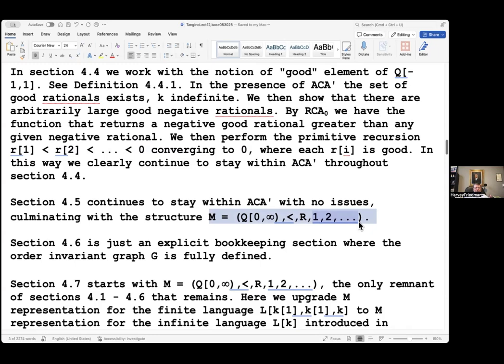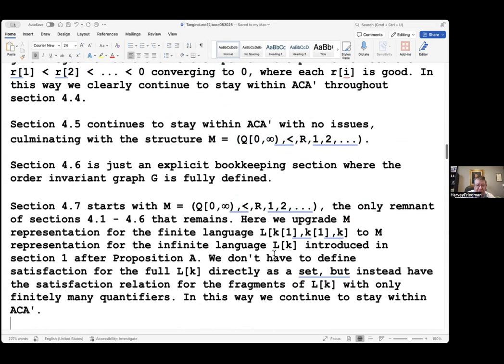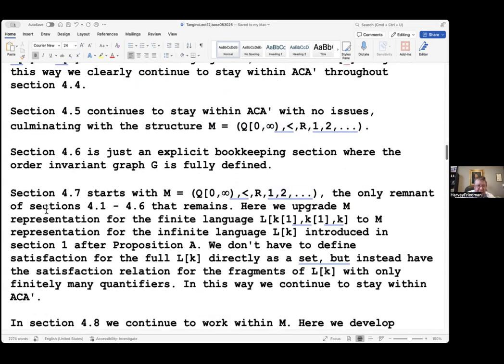All right, in section 4.6, that's just an explicit bookkeeping section where the ordered variant graph G is fully defined. So that's really basically a combinatorial section. Section 4.7 starts with this structure, and the only remnant of sections 4.1 through 4.6 that remains.